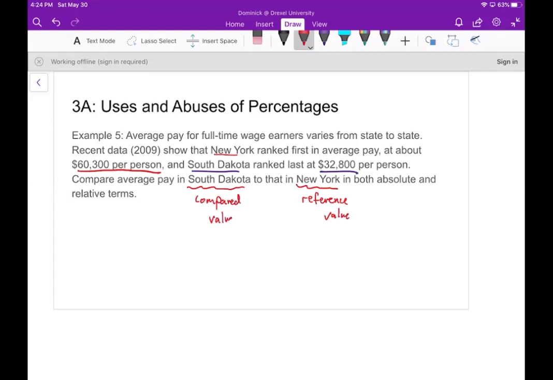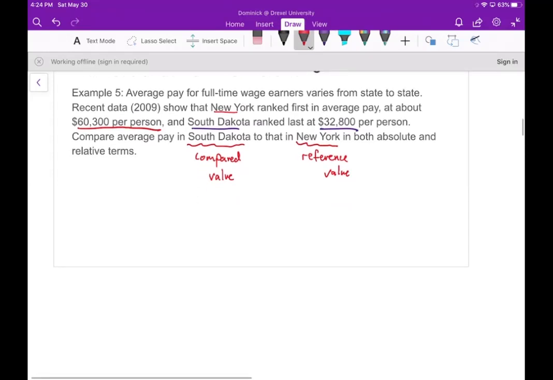Usually whichever thing comes first is your compared value, and whatever thing comes second is your reference value. Right? So in this case, the absolute difference, again, is compared minus reference value.